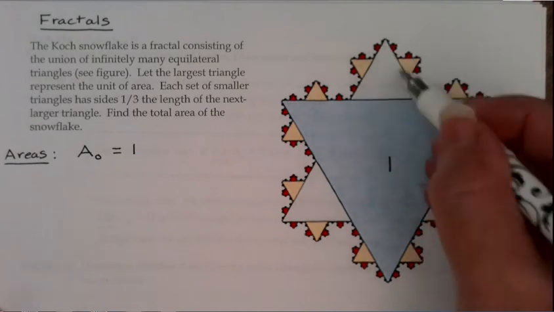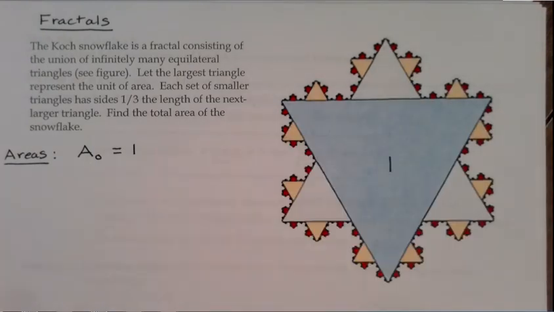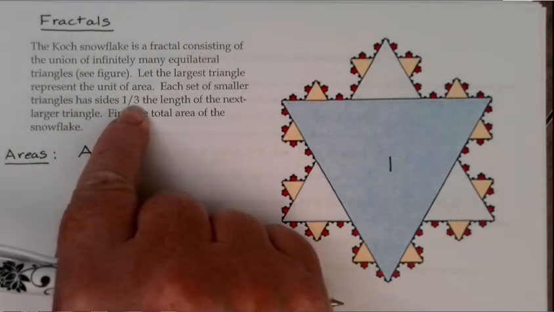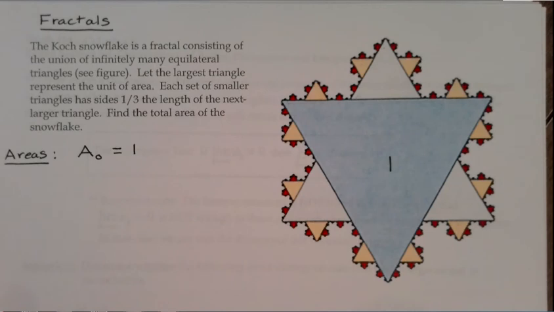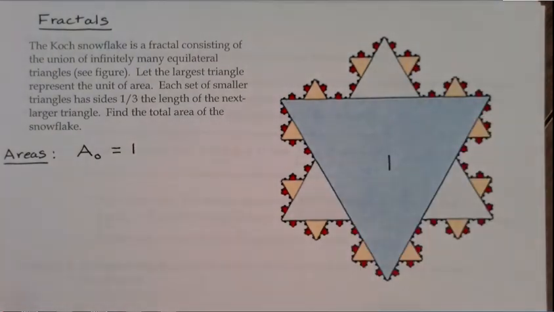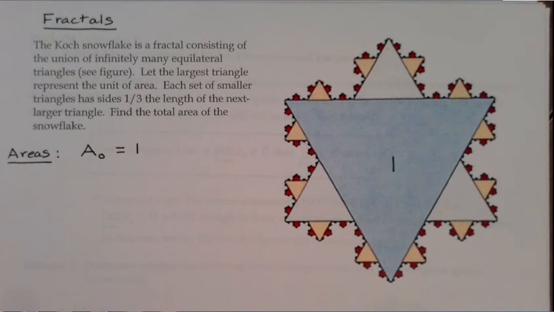Now, what would the area of the next largest triangle be? Well, we know the sides are all 1/3 as long as the original. And if all the sides are 1/3 as long, the height is also 1/3 as long. So base times height is going to be a third times a third, or a ninth as long. If you don't love that logic, try this.